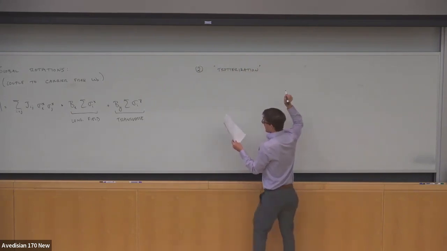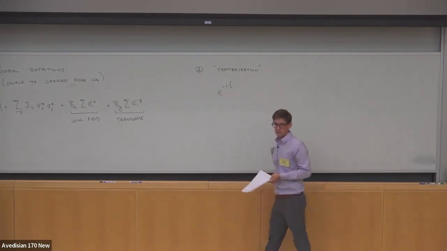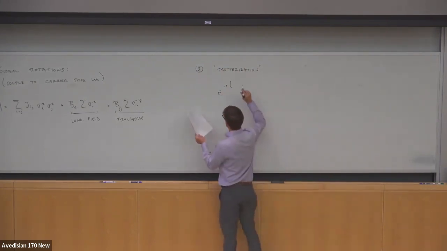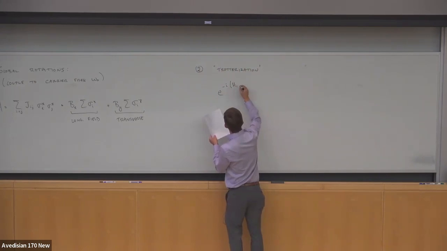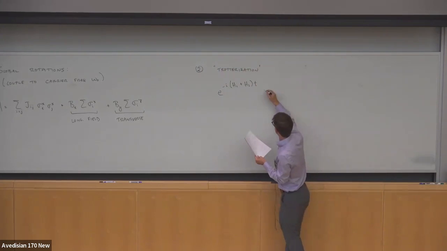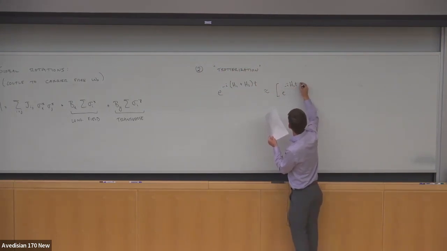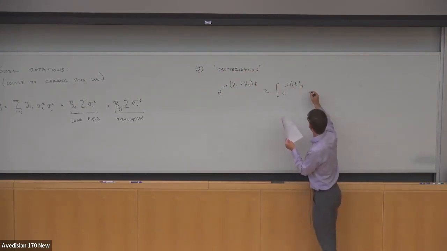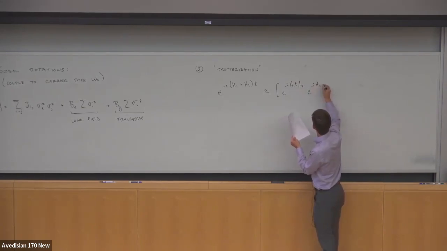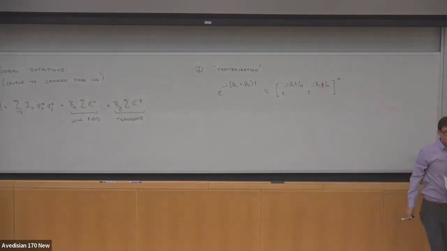Okay, and it's this idea we can make use of the identity that if we have two different Hamiltonians which don't commute with each other, something like e to the minus i (H1 plus H2) times time, the time evolution of that system is approximately equal to e to the minus i Hamiltonian 1 times time divided by n, times e to the minus i Hamiltonian 2 times time divided by n, all to the nth power.